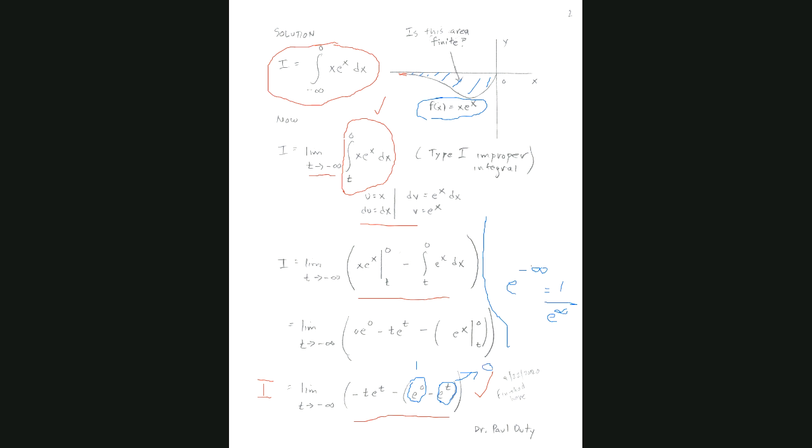The remaining issue is this term here, t times e to the t. Okay, you have t going to negative infinity, and then you have e to the t going to 0 as t goes to negative infinity.